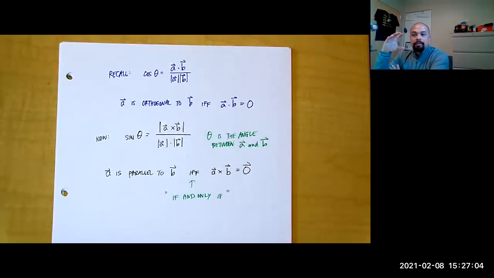If our rows or even columns happen to be scalar multiples of one another, that determinant is going to be 0. Okay. All right. So we have that process now. We can use that to help either find the angle between two vectors using the cross product or verify if two vectors are parallel.